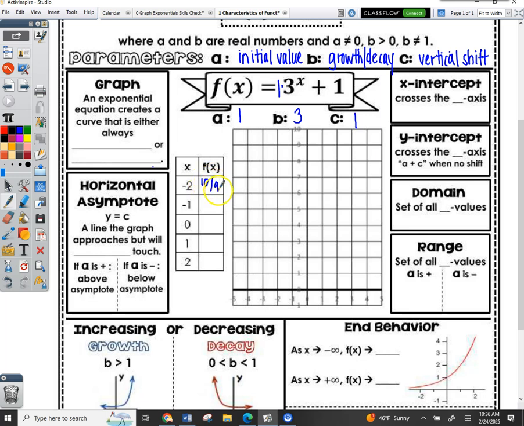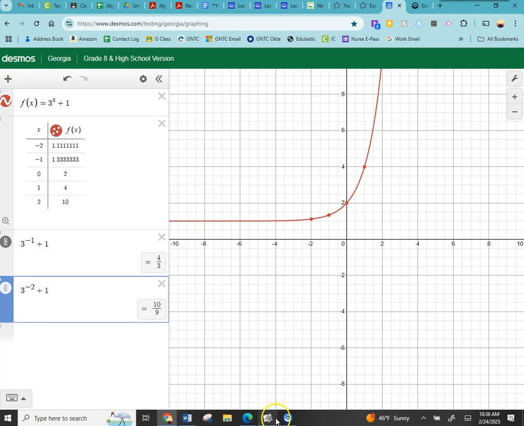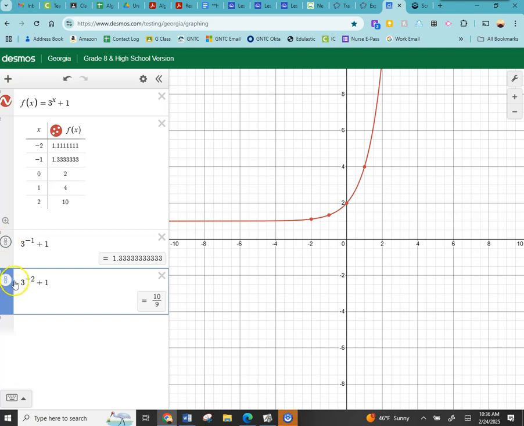Yeah, it makes a difference, right? What is this? 4 over 3? Yes. And then, will it go back? Yes, it will. Okay, so you want to put the fraction in your table, because it's a lot cleaner. But do I want to graph a fraction? So think about it like 10 over 9.